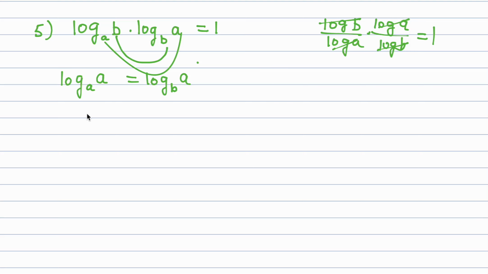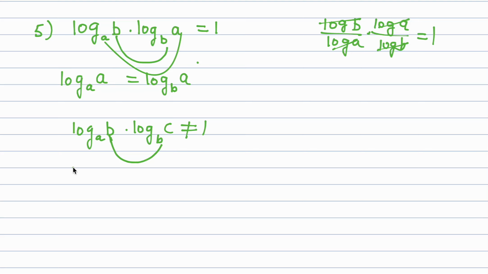Now let's see. If I have, suppose, log of a of b times log of b of c. Now here b is number, value, and here it is base. That's okay, that will be 1. But a is present as base, not as number, and c is present as number, not as base. So this will not be equal to 1, right?